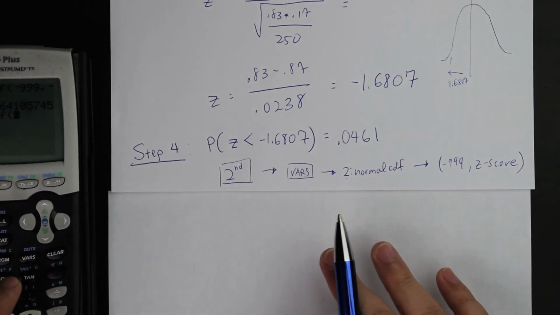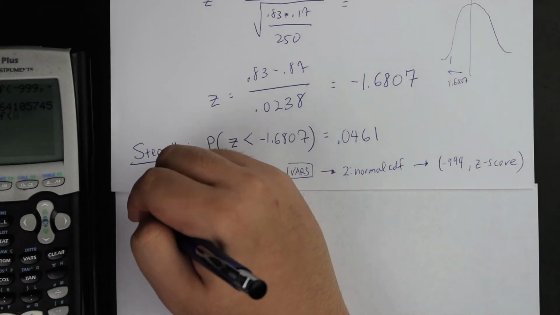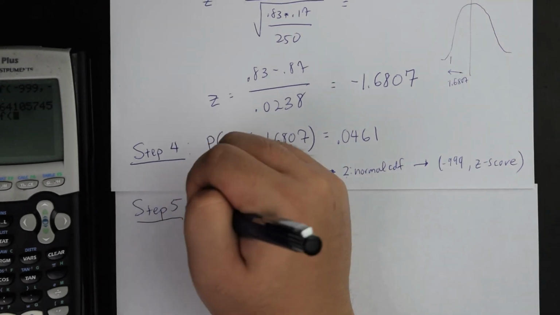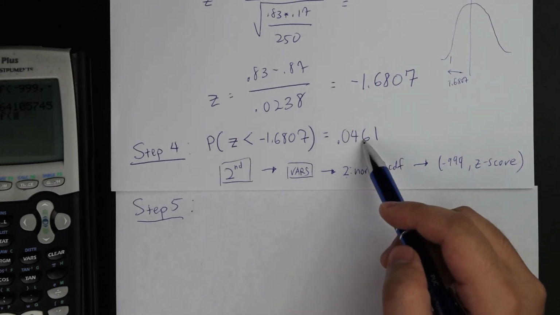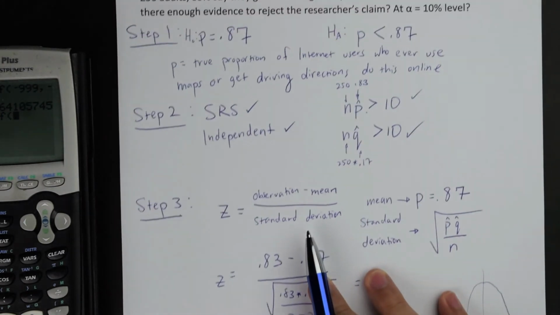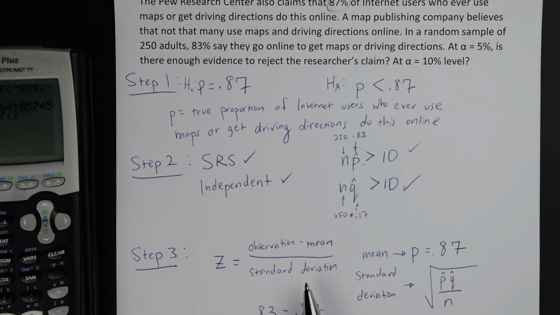Afterwards, step 5, the very last step to this whole procedure. Step 5 is my conclusion. Basically, it's explaining, because of this percentile I got, 0.0461, what does this exactly mean? So looking at this and looking at the alpha value that was mentioned before, and I'll bring it back down. Okay.